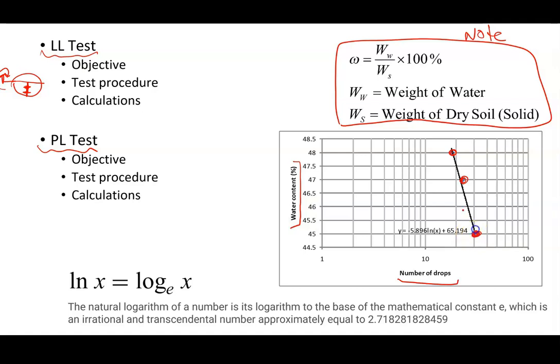So water content, number of drops, 3 data points. Then we fit a line to our data points, and then you can find liquid limit. So liquid limit is water content at which soil changes from liquid state to plastic state.